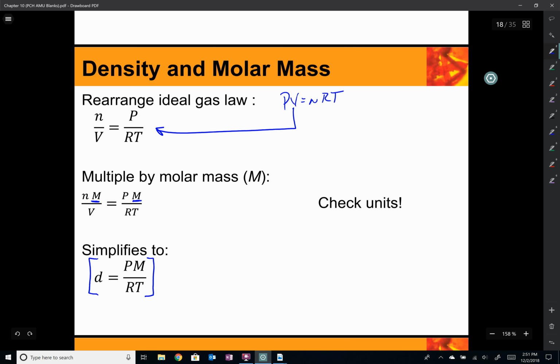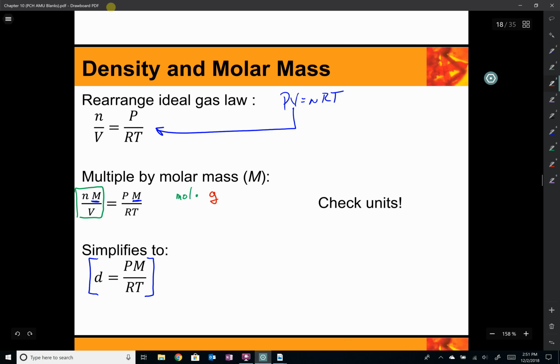And you say, I'm not sure how this works. Well, let's take a look at this side right here. N is moles, so moles times the molar mass.